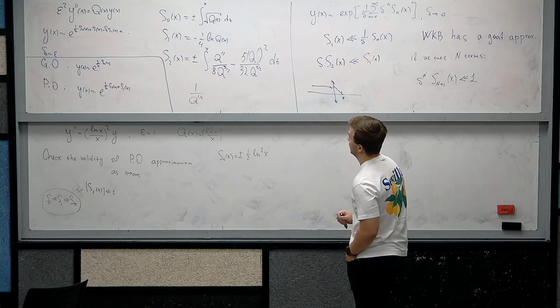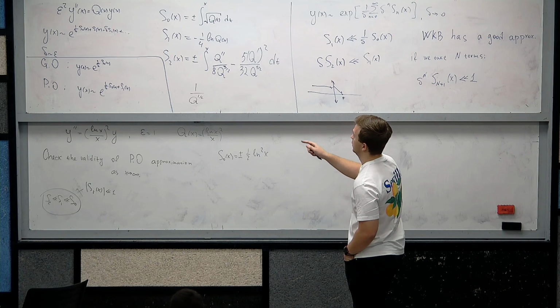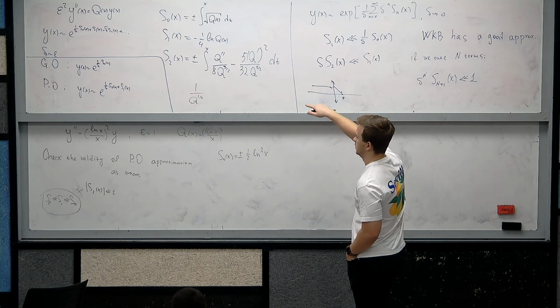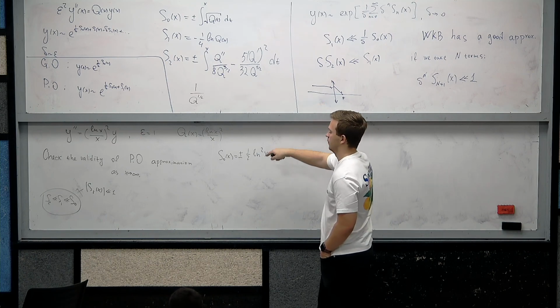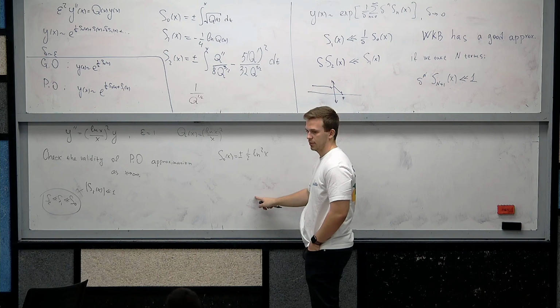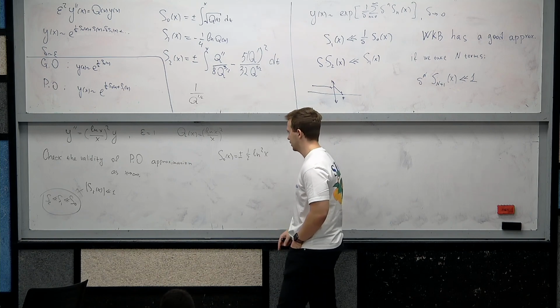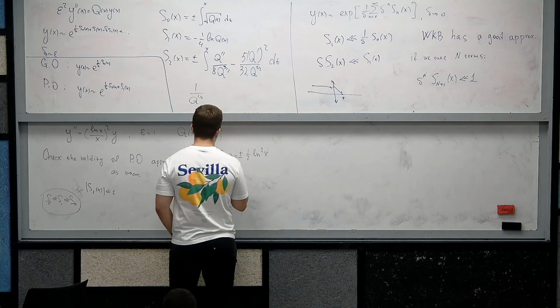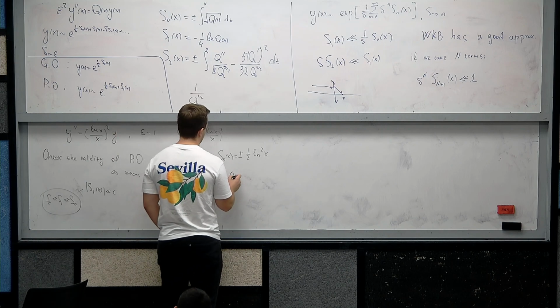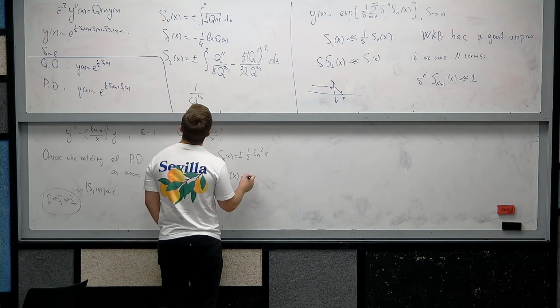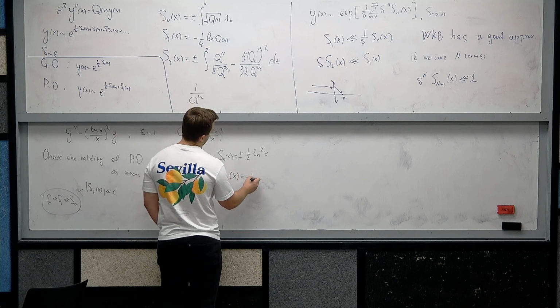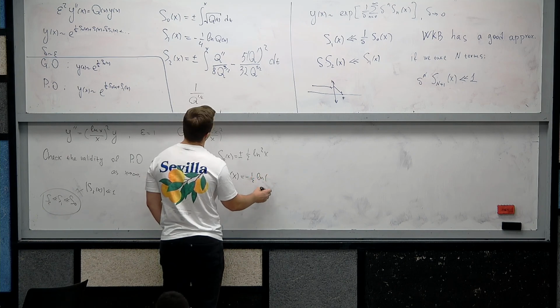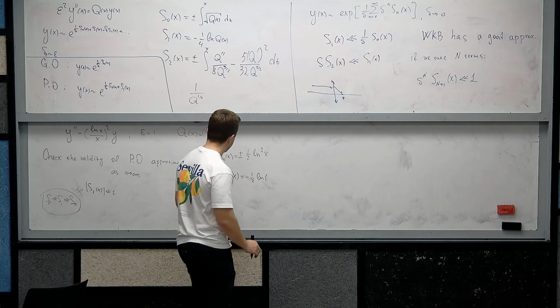So we have inside the integral ln of x divided by x times dx. So we can convert dx over x as d(ln x), and that's how we get ln squared. Okay, so then S1 of x is just minus 1/2 ln of Q of x.